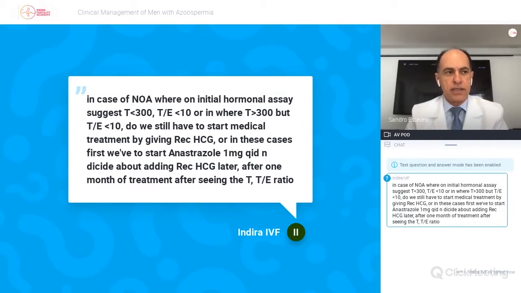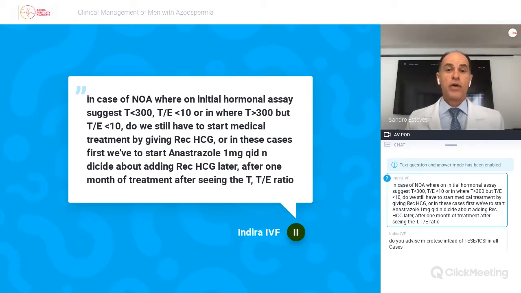And then monitor 1 month later the hormone levels, and see testosterone levels, how they are, estradiol levels, how they are. And if the testosterone to estradiol ratio is below 10, continue giving HCG and then add an aromatase inhibitor. In that case, it could be anastrozole, as mentioned there, 1 milligram once a day.